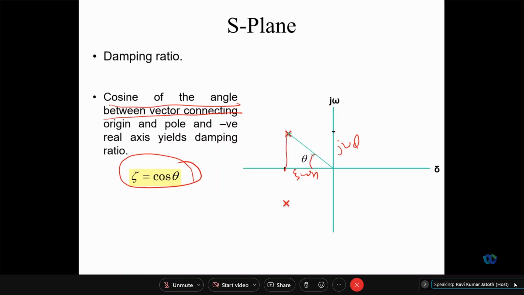So there are two terms: one is omega n and another one is zeta. In the S plane, omega n is the radial distance of the complex pole from the origin, whereas zeta is the cosine of the angle between the vector connecting the origin and the pole and the negative real axis.